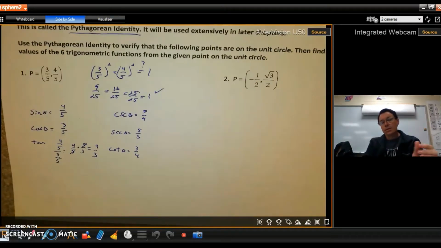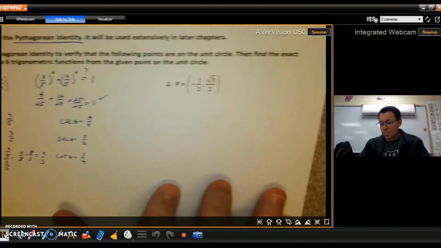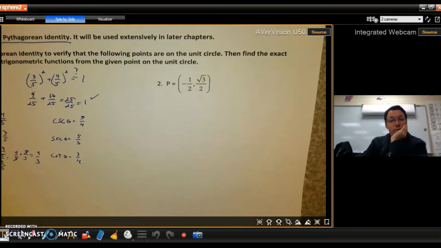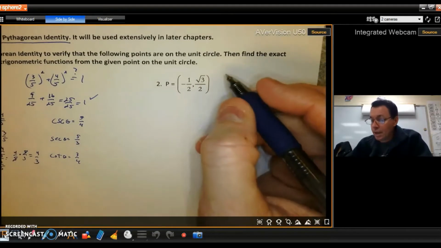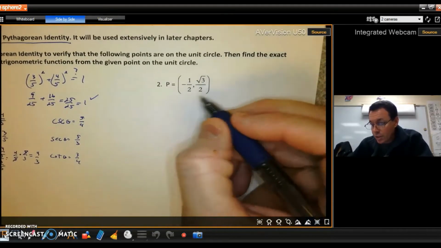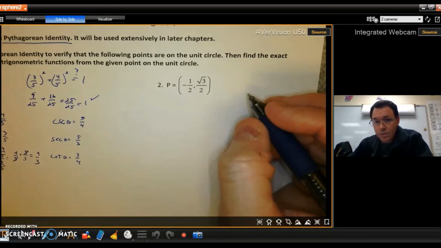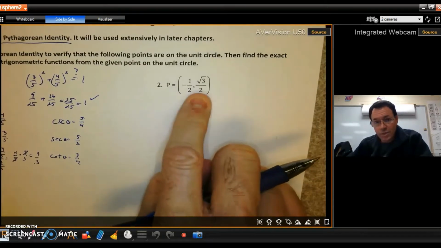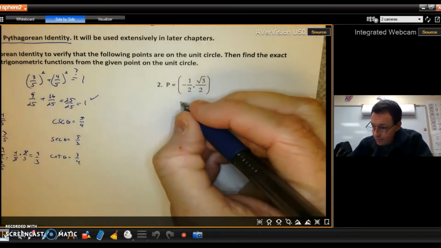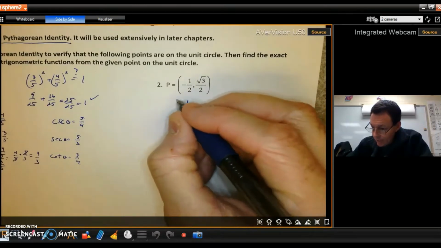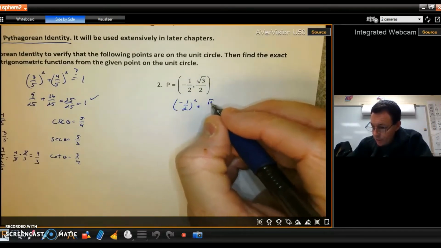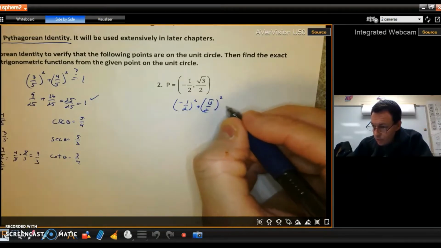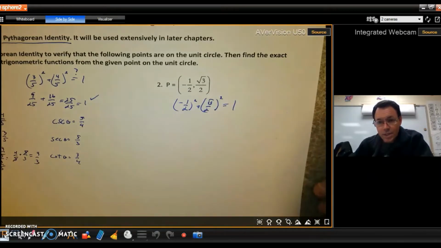Okay, so number 2, same situation. I have a point that I'm claiming is on the unit circle. Now I'm going to verify it first. I'm going to show you that this point is on the unit circle because x squared plus y squared needs to equal 1. Well, if you take -1/2 and you square it, and you take radical 3 over 2 and you square it, do I get 1 as an answer?